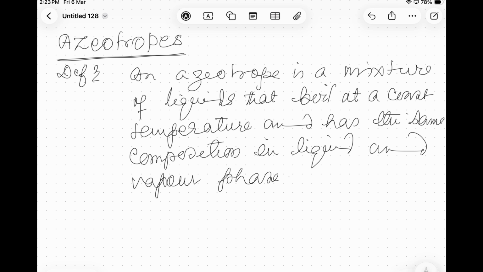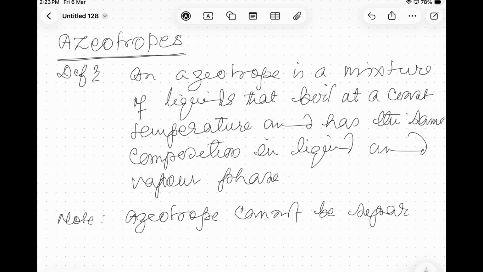Azeotrope cannot be separated by simple distillation.